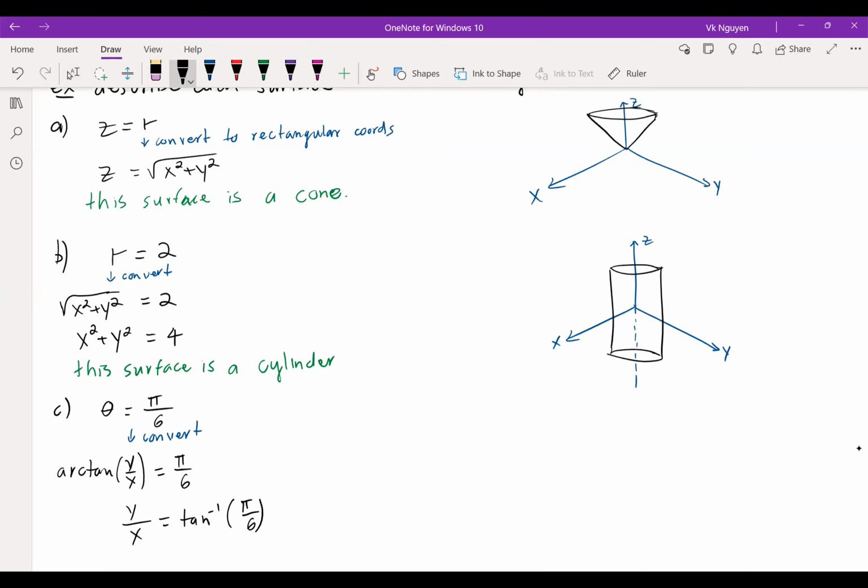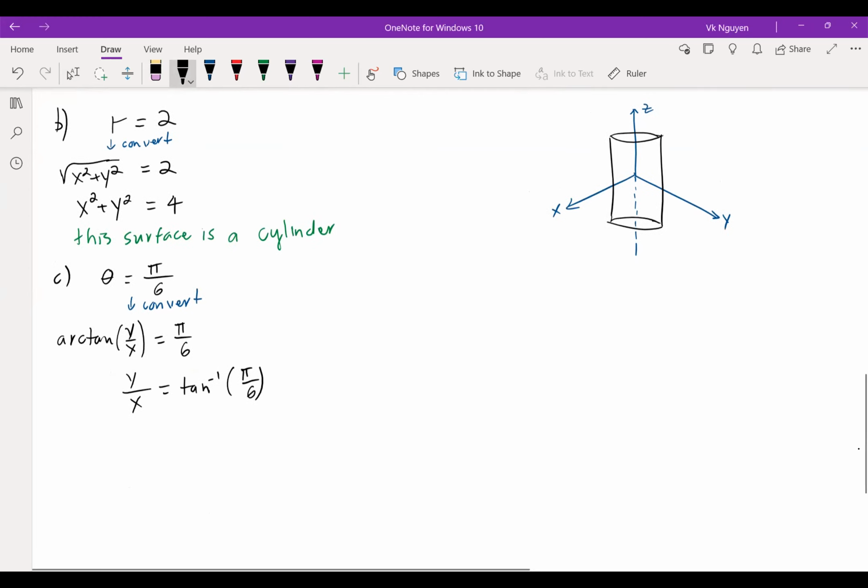And then from there you should be able to know. What do we have? We have y over x equals arctan of the opposite, which is root 3 over 3. So that means y is root 3 over 3 x.